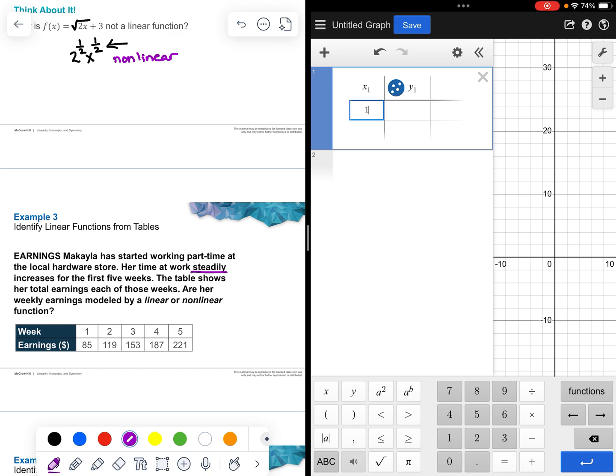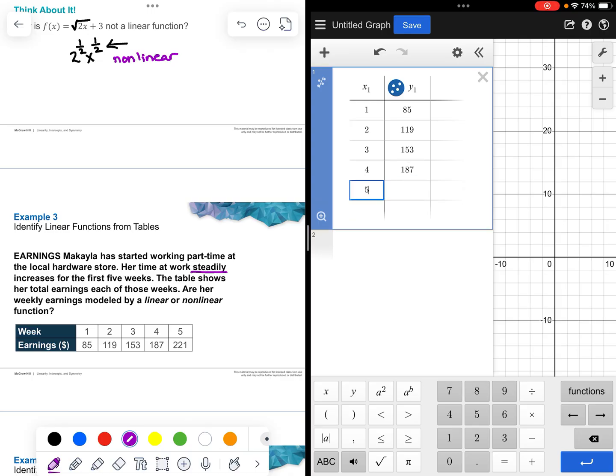And I've got x of 1, y of 85. Week 2, 119. Week 3, 153. Week 4, 187. And week 5, 221.